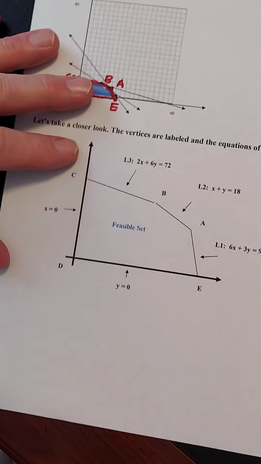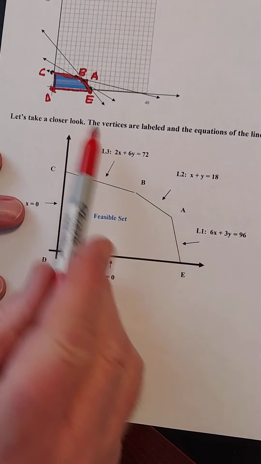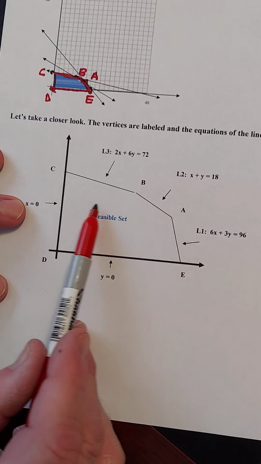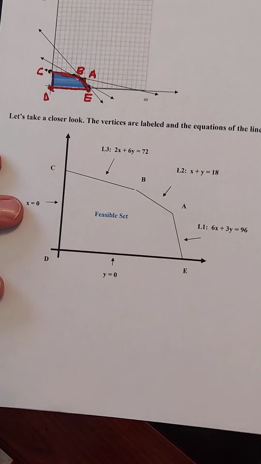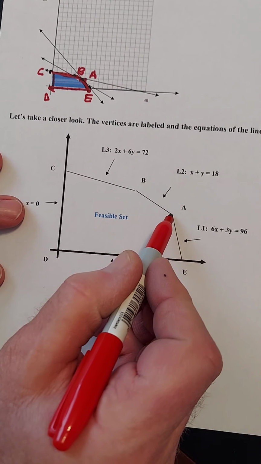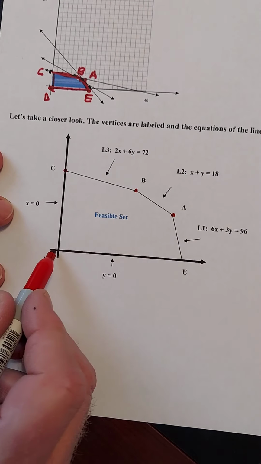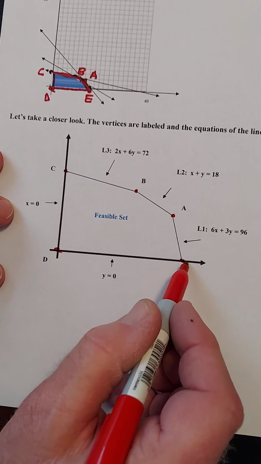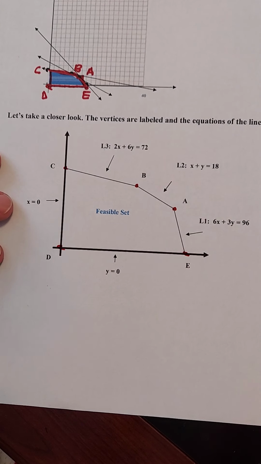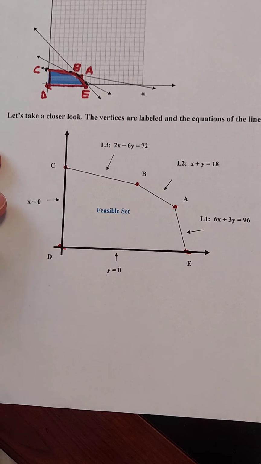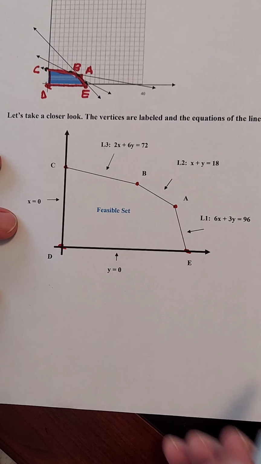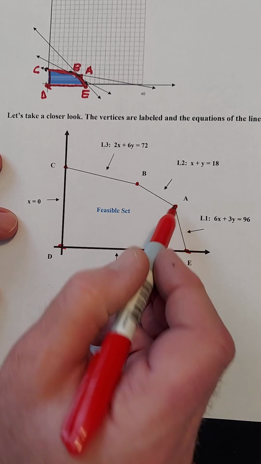So what I did down here is I took the same picture and I expanded it a little bit. It makes it easier to see. So when you look at it, here's point A, point B, point C, point D, and point E. What I'm going to need to do is find the coordinates for each of those points. So let's look at point A, which is right here.